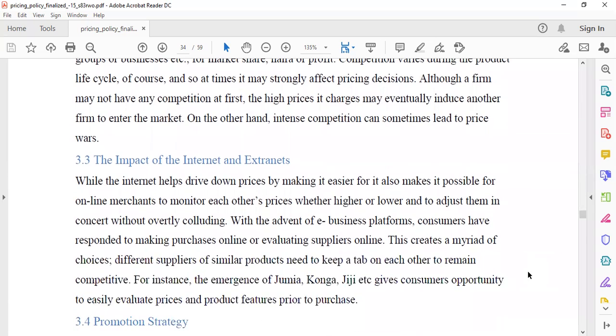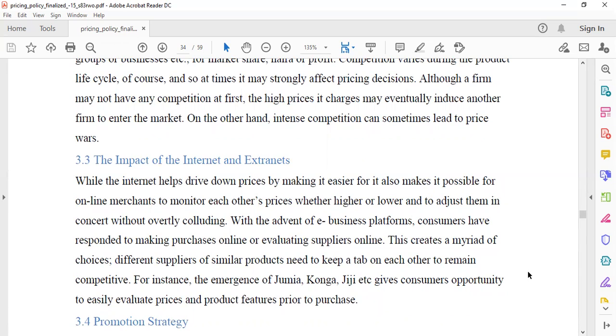Another factor is the impact of the internet. Today we can sit in the comfort of our homes, in the comfort of our offices, and know the prices of products across different suppliers. So this creates a challenge that marketers need to watch out for.